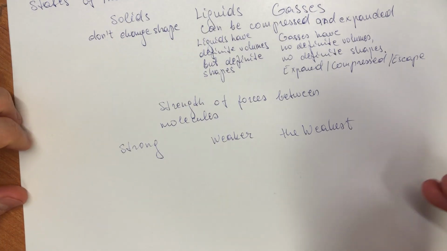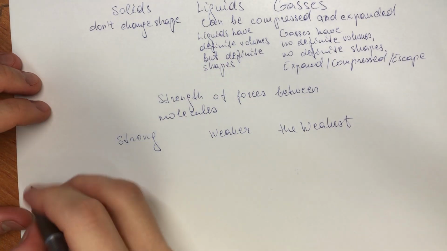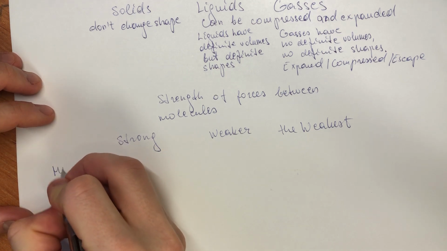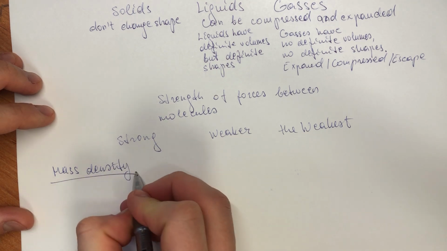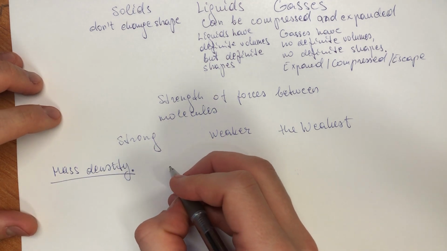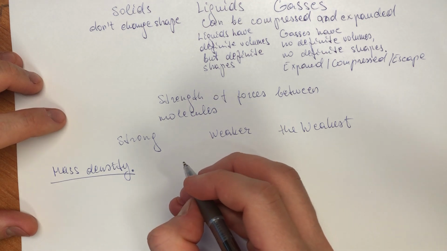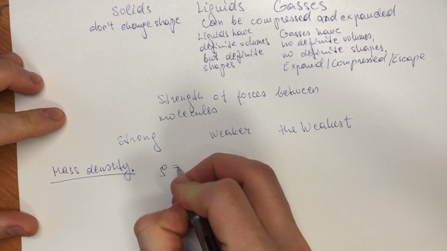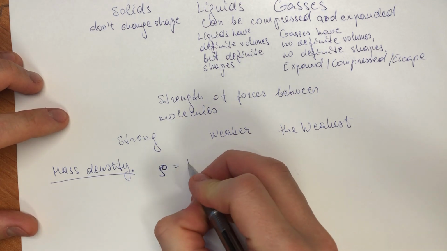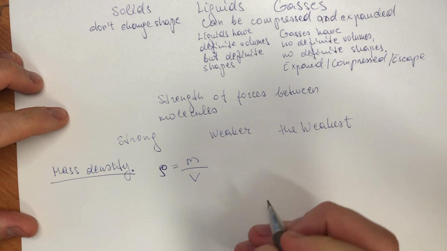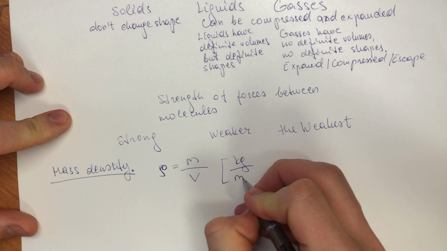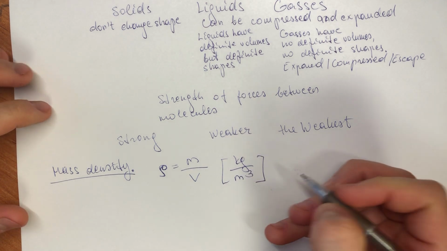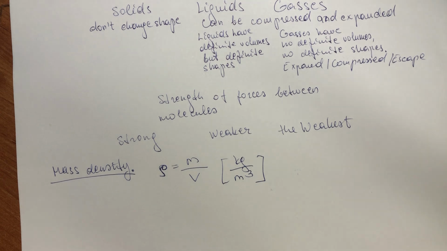Another thing that is important to us is a physical quantity, mass density. Mass density is defined as mass divided by volume. So the units are kilograms divided by units of volume.